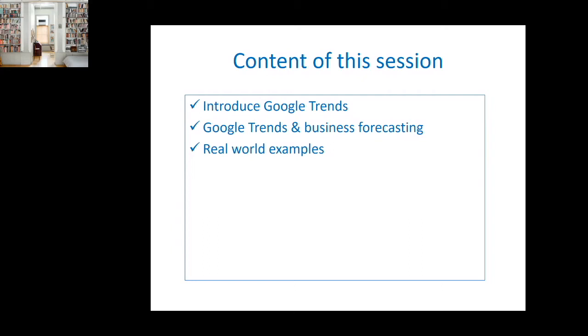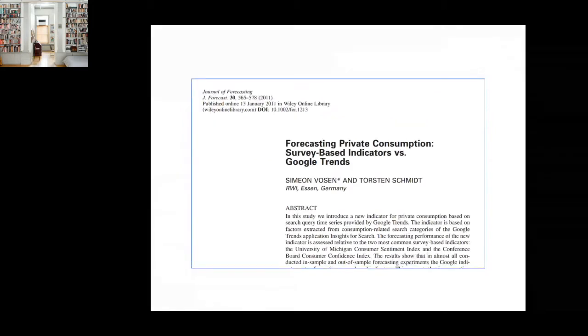Some scholars also use Google Trends data to forecast economic performance, and others forecast the behavior of private consumption.